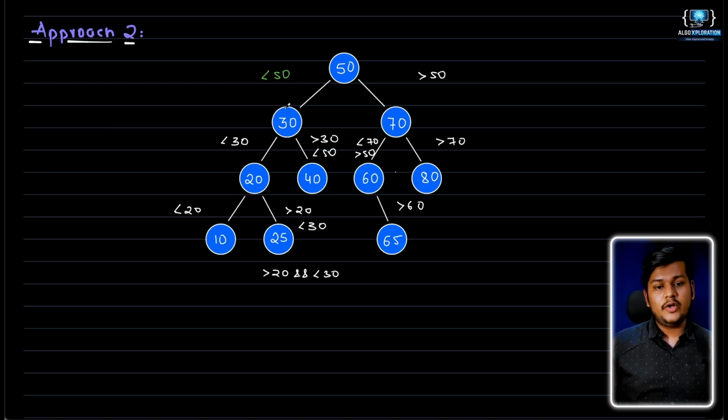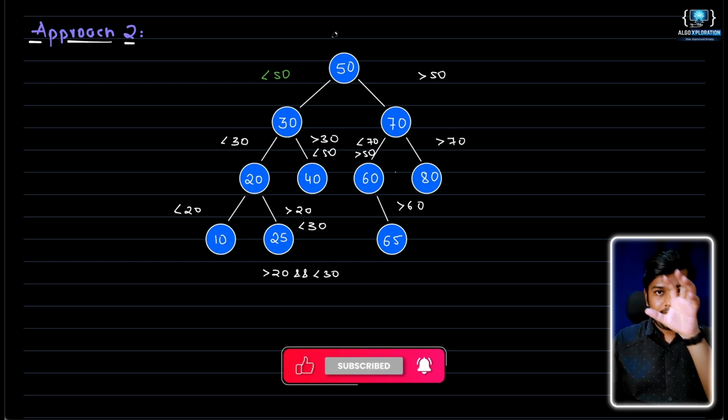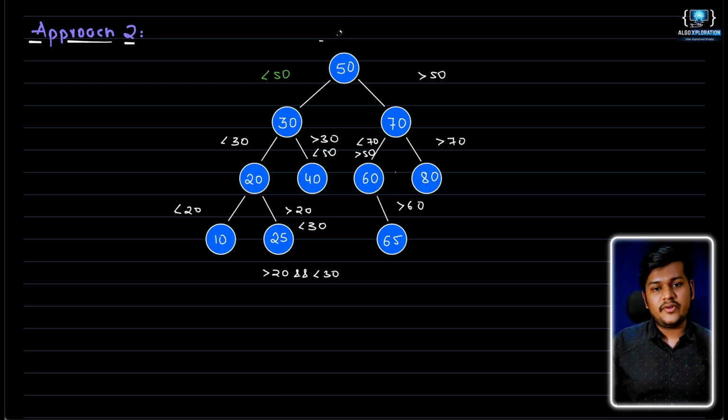Now for 30, I do have the upper bound that it shouldn't be greater than 50, but what will be the lower bound, from where it should start? What you can do is propagate the lower bound from the parent. So now let's talk about what will be the range for 50. Since this is the root of the entire binary tree, the lower bound can be minus infinity and the upper bound will be infinity.